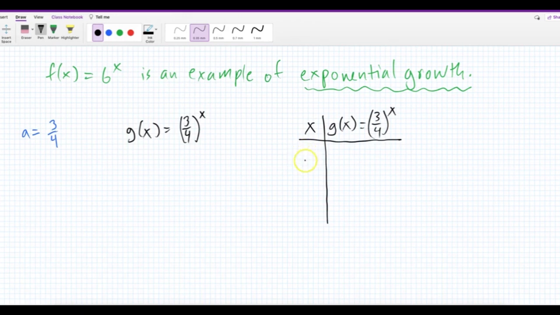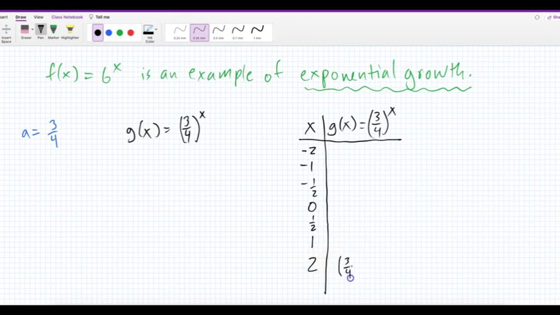But I'm also going to throw in a 1/2 and a negative 1/2 in there, just so we can address that along the way. So I'm going to do -2, -1, -1/2, 0, 1/2, 1, 2.